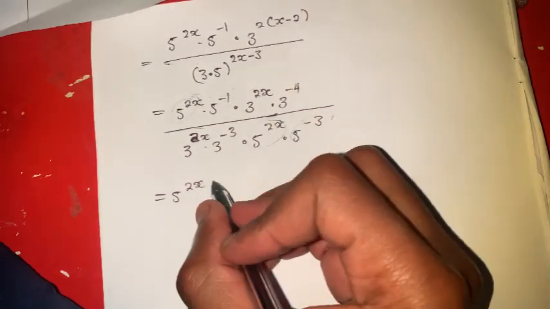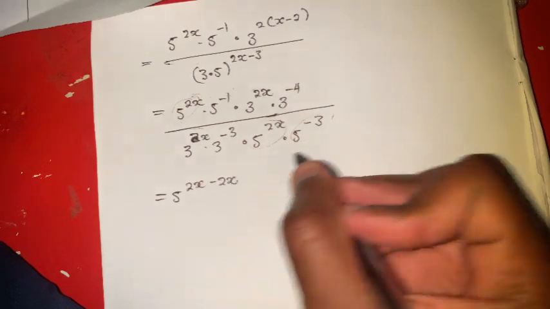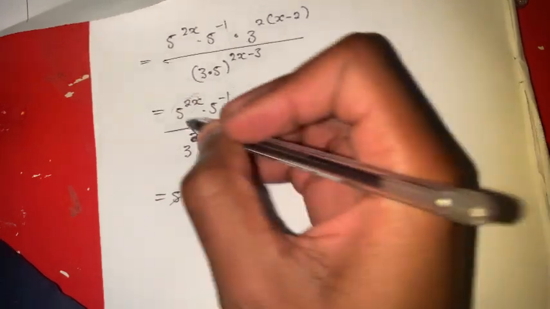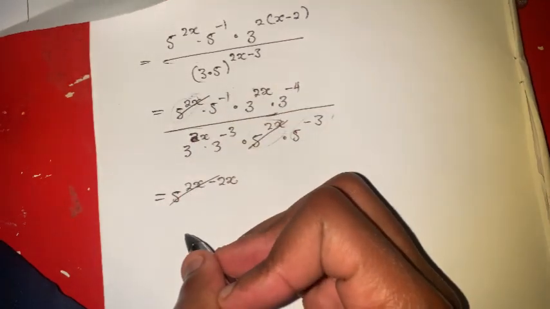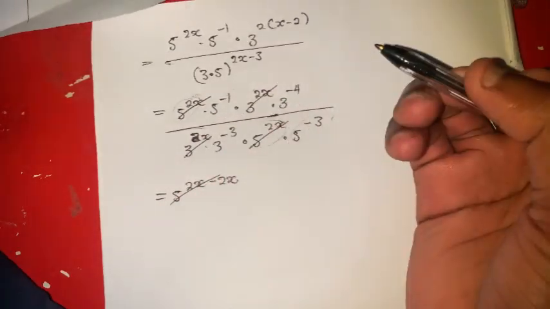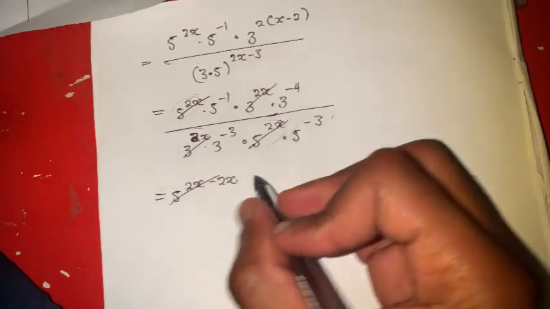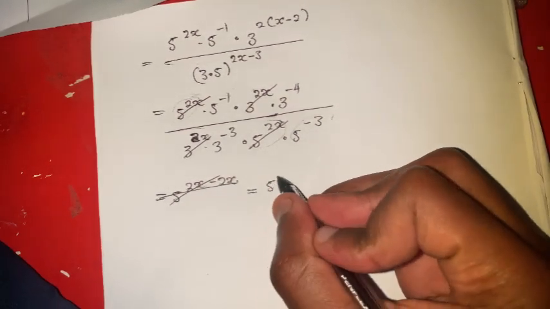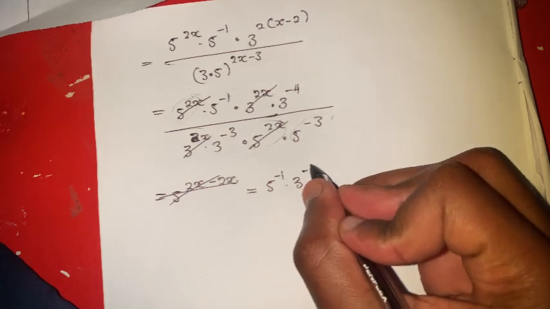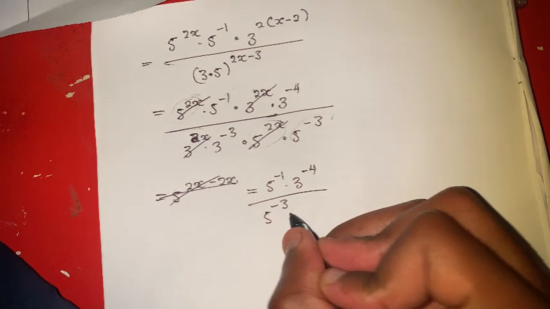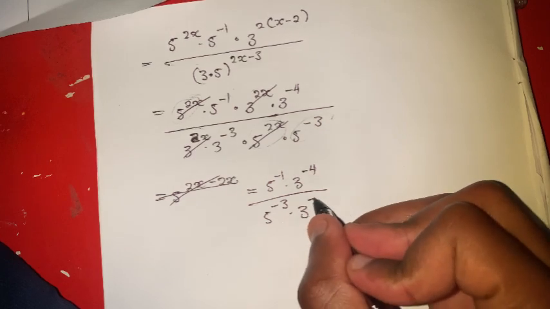You will subtract 2x, or they will simply cancel out like that, right? And you also have 3^(2x). They will also cancel out. So what you're left with is 5^(-1) multiplied by 3^(-4) over 5^(-3) multiplied by 3^(-3).